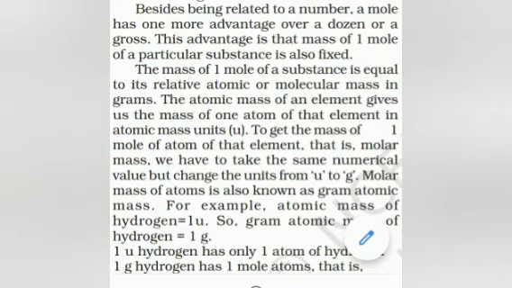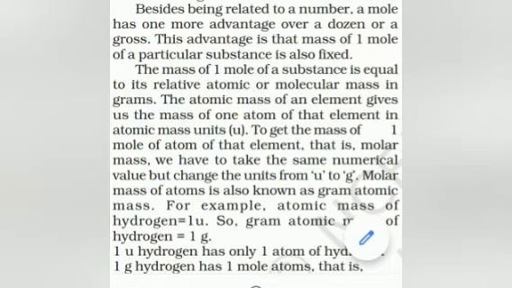So the molar mass of an atom is also known as gram atomic mass. For example, the atomic mass of hydrogen is 1 u, so the gram atomic mass of hydrogen is 1 gram. When we talk about the mass unit, it is the atomic mass of hydrogen; when we express it in gram, it is the gram atomic mass.